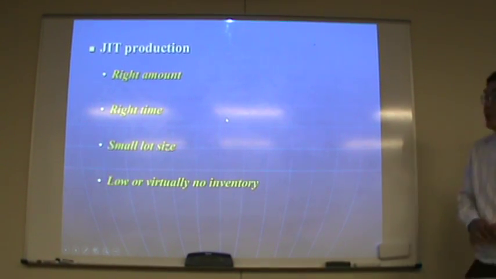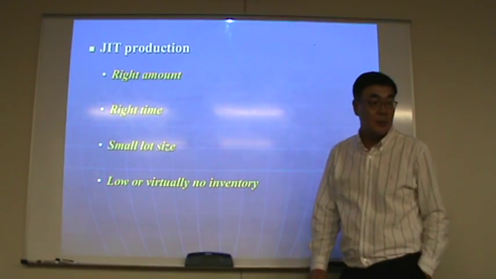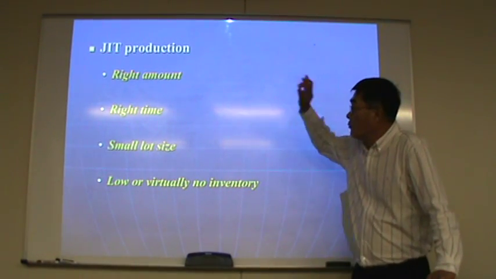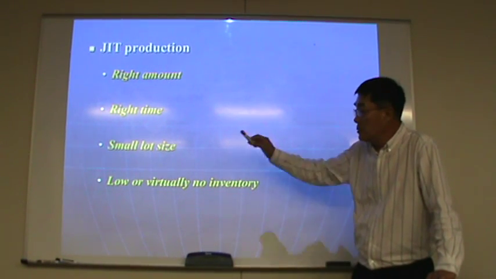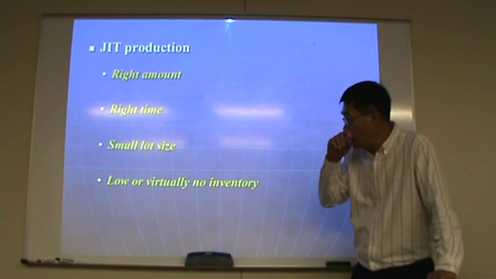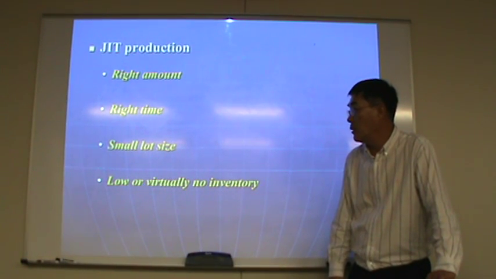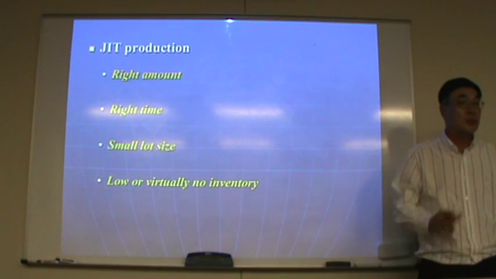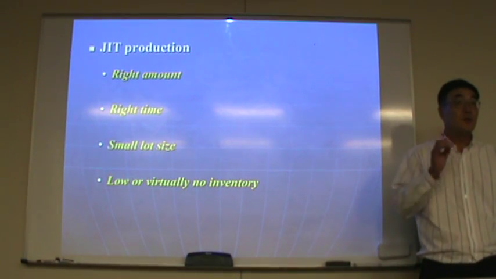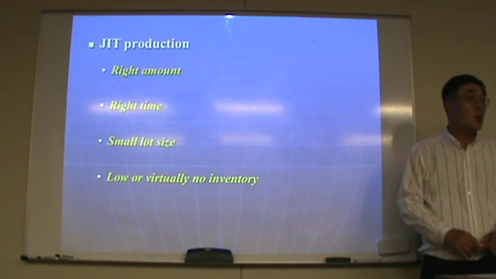Then if we can do these things, receive the right amount at the right time, and small lots, order small by small, then we can make low or virtually no inventory. So the JIT system uses minimal inventory to produce more and large.